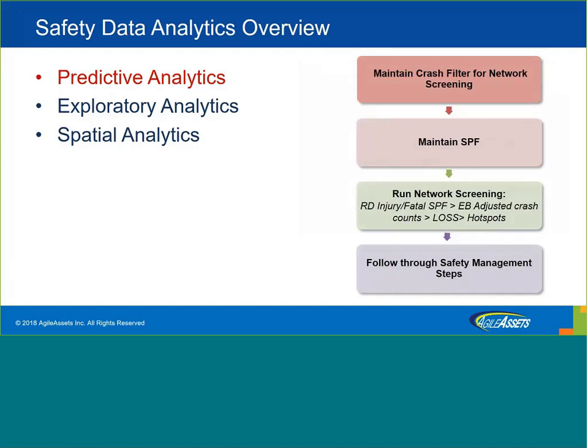Finally, we get the level of service of safety, and that can be used to identify the hotspot. And then we follow through other safety management steps in this framework. So if you already identified the hotspot, then the next step will be to come up with the countermeasures, do diagnosis of countermeasures, and finally project selection.